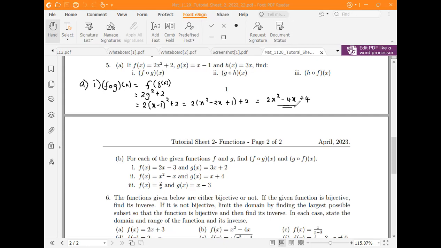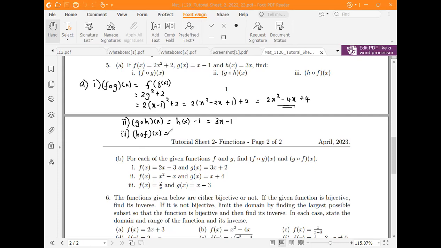The second one is g of h. So again, this means in g, where there is x, you put h. So we have h of x minus 1. But h of x is not x, it's 3x. So we have 3x minus 1. And that's all. Then we have part 3, which is h of f of x.